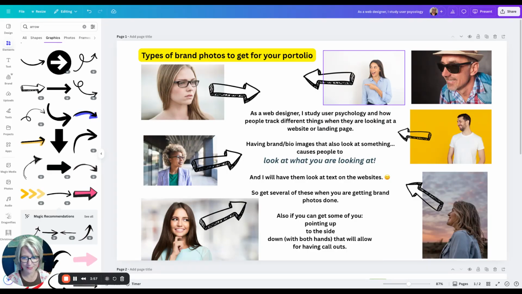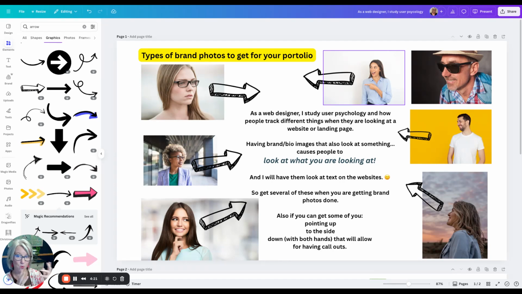You can also use that in your UGC photography, where you're in the picture. Look at the product instead of looking straight ahead. Guide the person who's looking to look towards the product or whatever it is that you want them to look at.